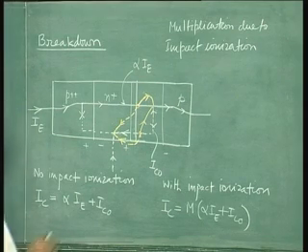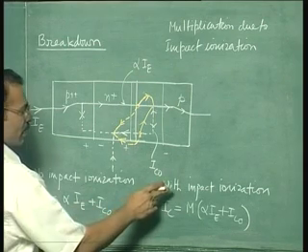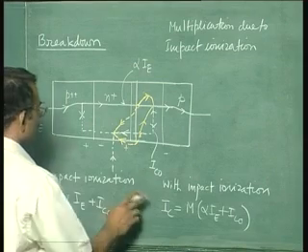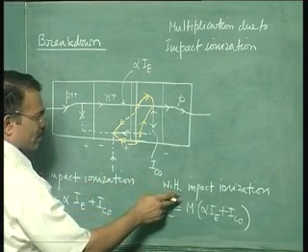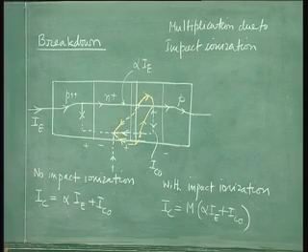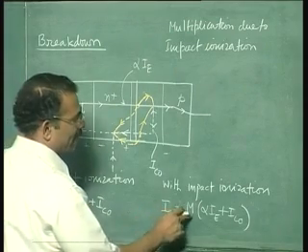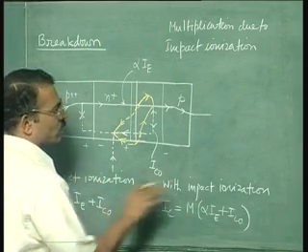Okay, so the difference between the situation in the presence of impact ionization and in the absence of impact ionization is this multiplication factor M. This M is equal to 1 when there is no impact ionization.